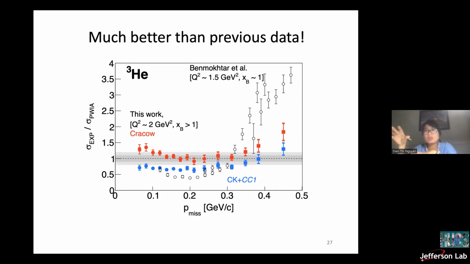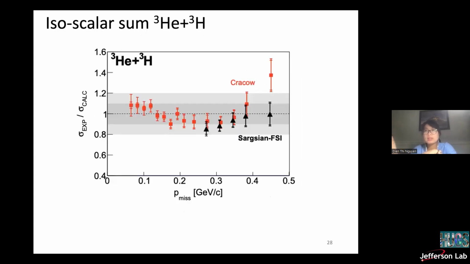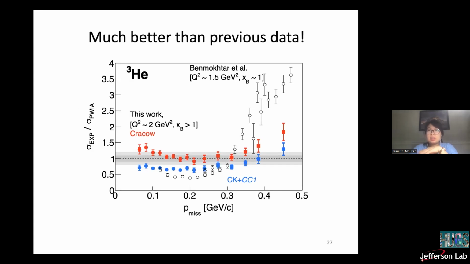We have better control on minimizing the non-quasi-elastic contribution. That is why we have a much smaller difference between plane wave and the data compared to before. Before you could have a factor of 3, 4, but now it's within 15%. That's not bad.